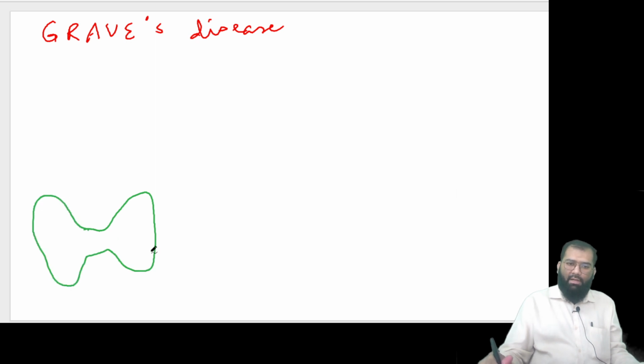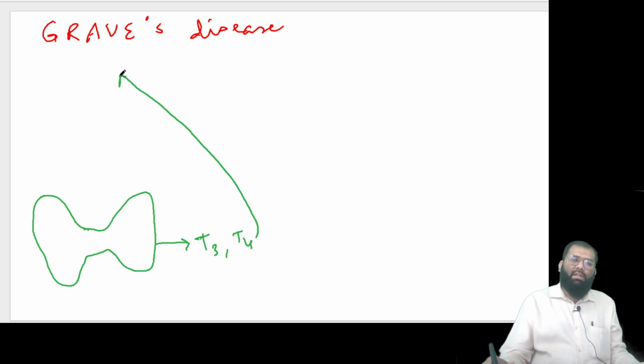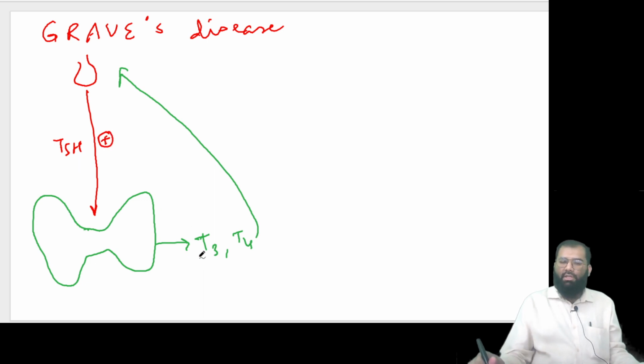This is the endocrine gland which releases T3 and T4. Right? This is under the control of a special gland which is the pituitary gland. You are aware of that now. The pituitary gland controls the thyroid with TSH. TSH stimulates the thyroid to release T3 and T4.